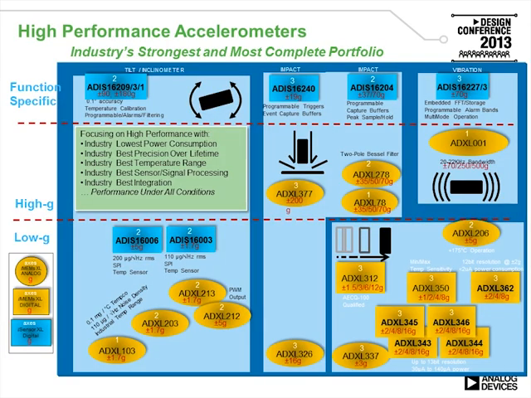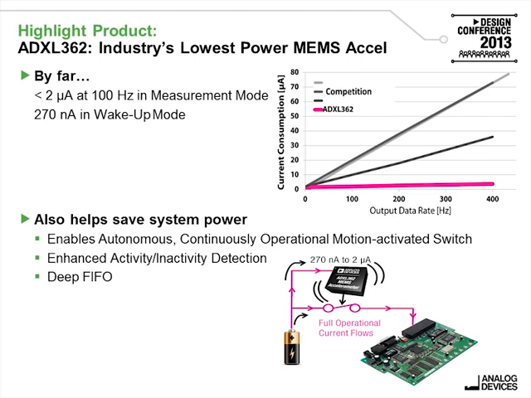Analog Devices has a very complete portfolio of high-performance accelerometers, some function specific, some more general purpose for high G and low G spaces. One product we wanted to highlight is the ADXL362.